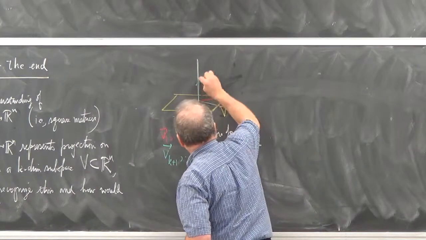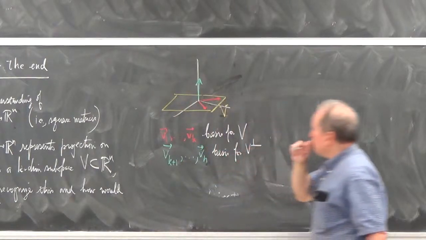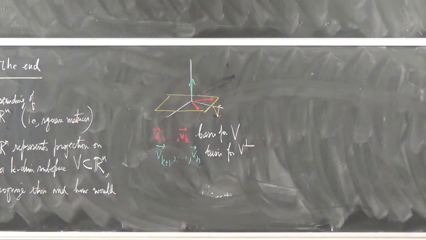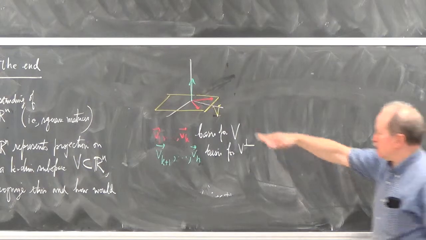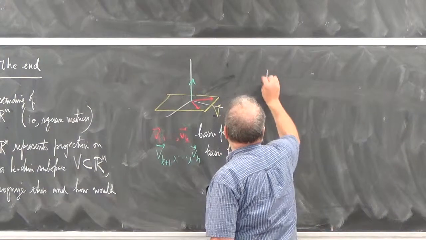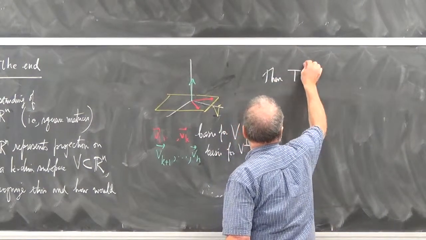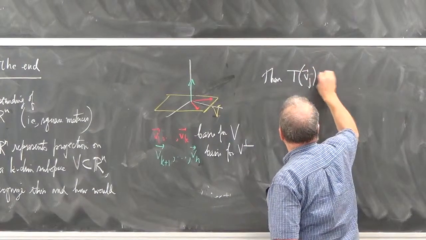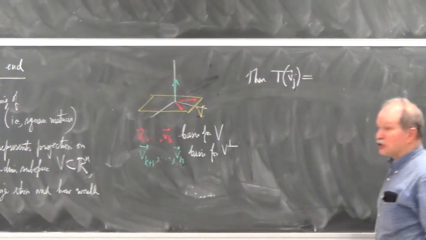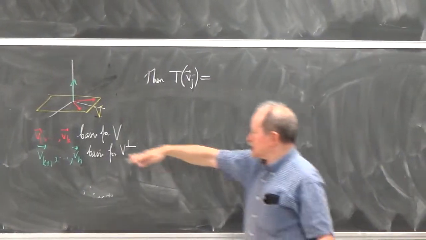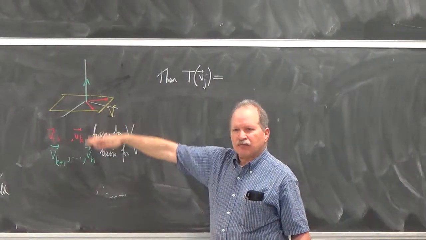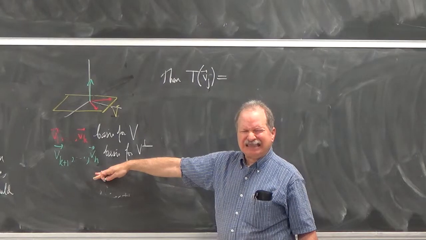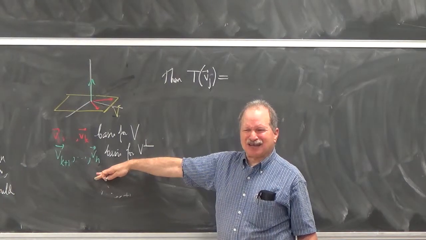If your remaining vectors are in V perp, then what is the linear map going to look like in terms of this basis? If you're doing a projection, what happens to this basis? Give me a more precise statement.